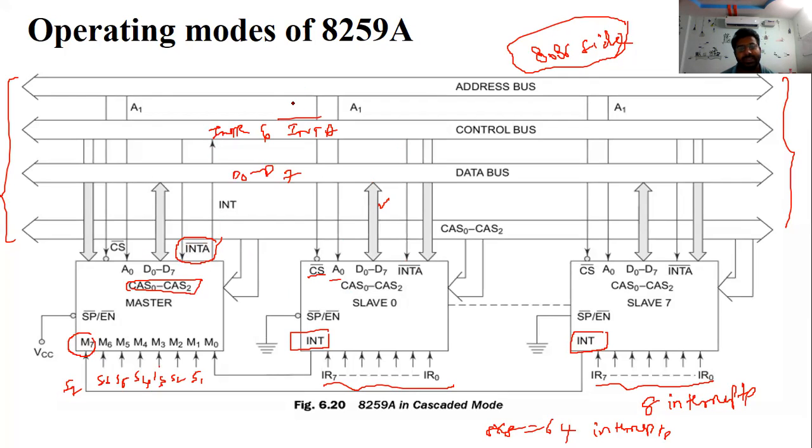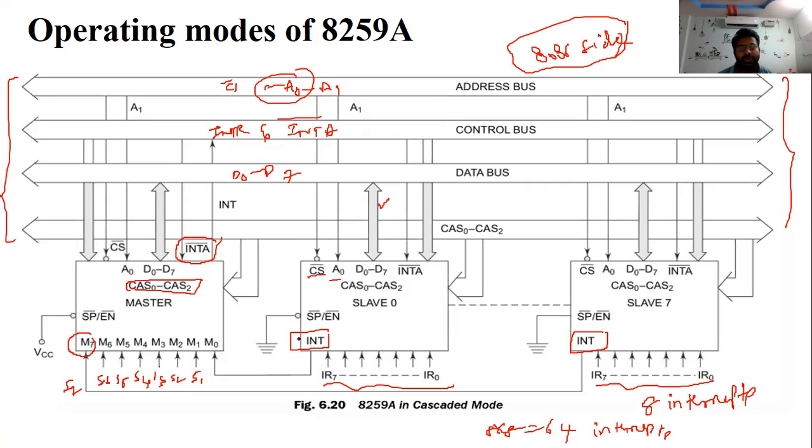What is the address bus here? We are mentioning A0 to A1 here. A0 is CS bar, and the second one is A1.